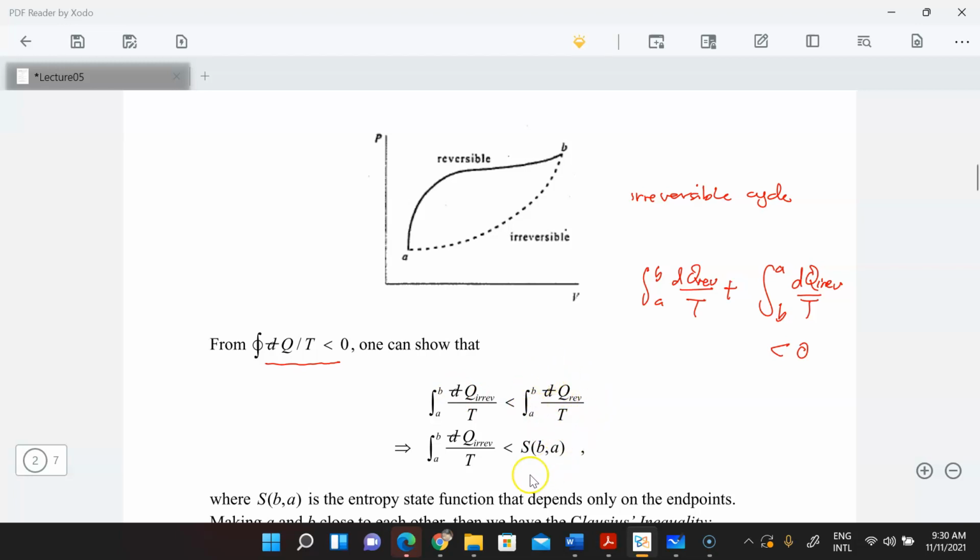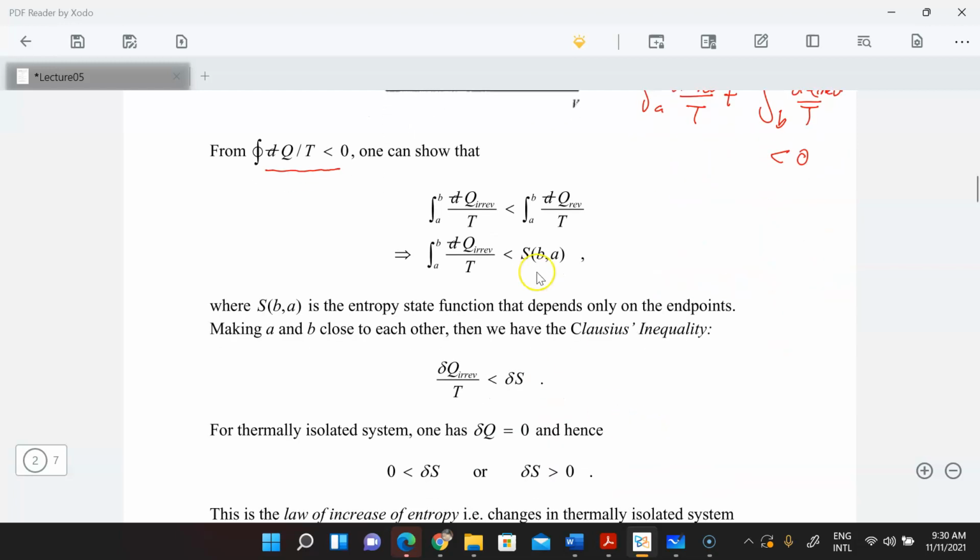And the reversible path, you already have seen that you can write this as a state function of the entropy. So that is the second line in this particular equation.